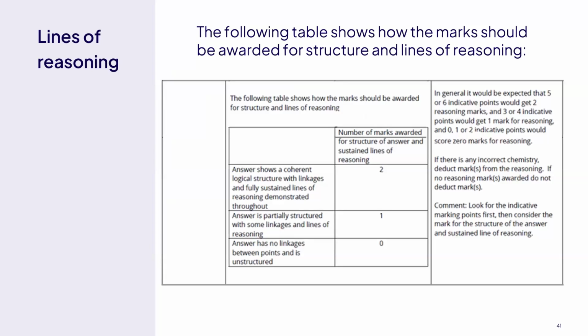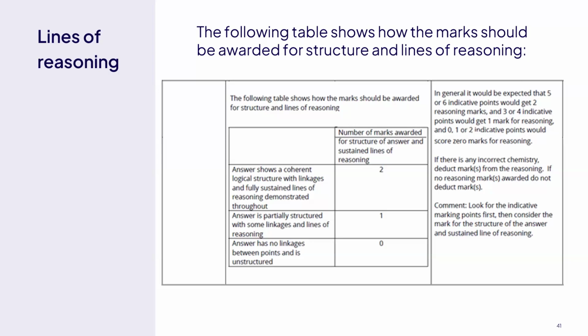The important point now is how are the other 2 marks allocated? Well, this table shows you how the other 2 marks are awarded. And it's awarded for the logical presentation of the information. So if the answer shows a coherent logical structure with linkages and fully sustained lines of reasoning are demonstrated throughout, they can score 2 marks.